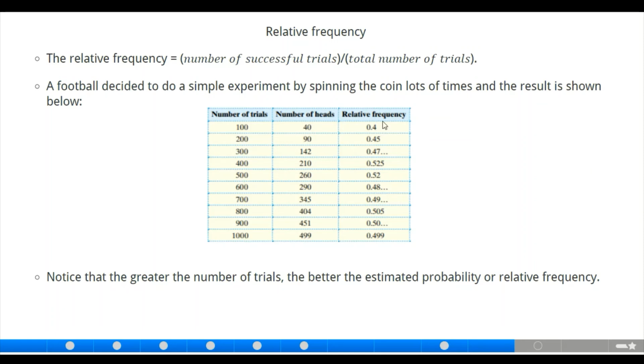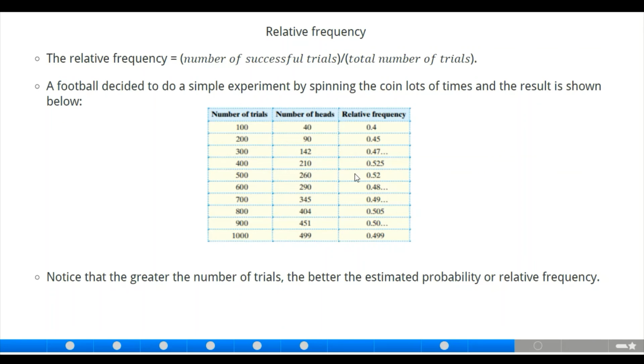90 divided by 200 gives us 0.45. 142 divided by 300 gives us 0.477. 210 divided by 400 gives us 0.525. 260 divided by 500 gives us 0.52, and that's how it goes.